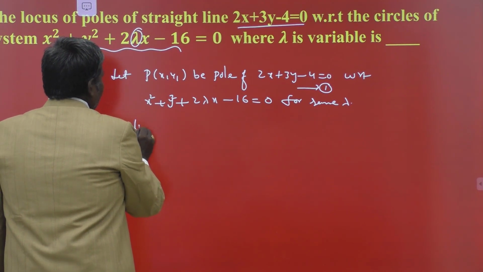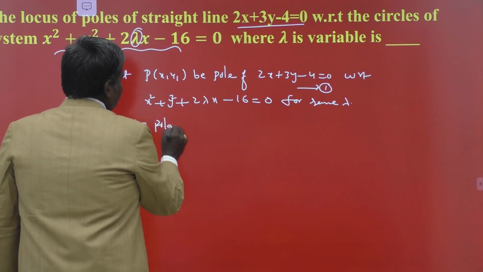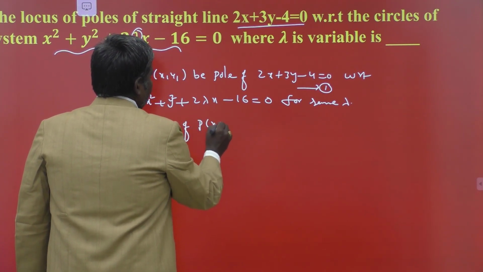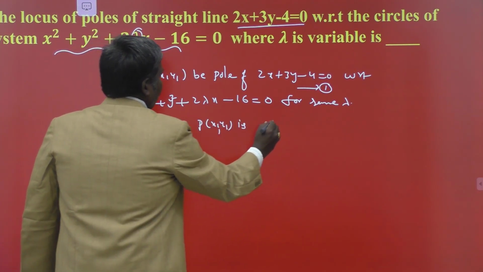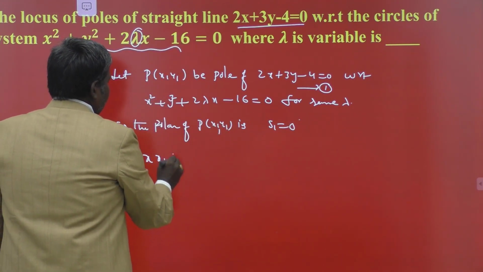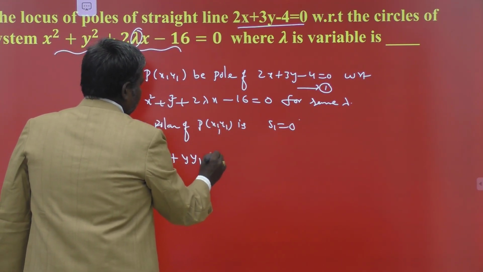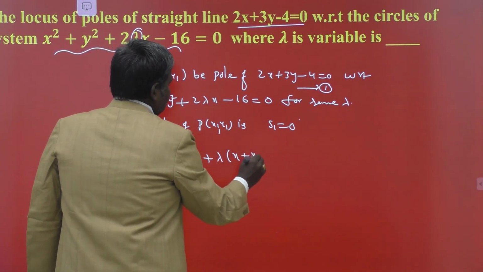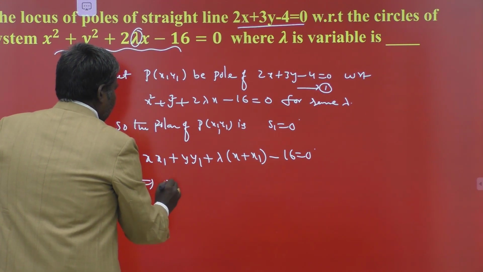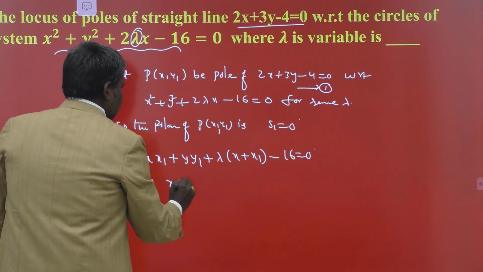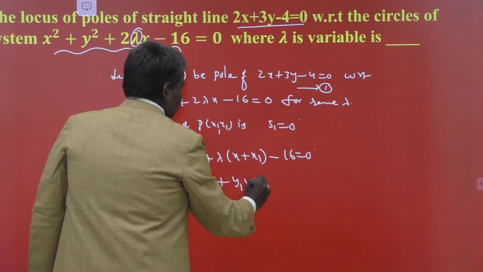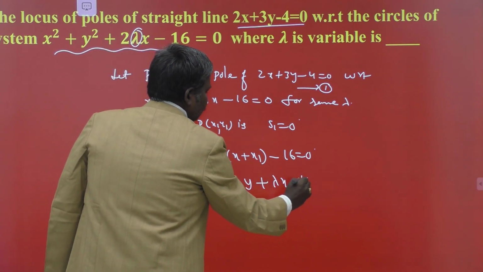So the polar of P(x1, y1) is what? S1 equal to 0. So I am writing S1 equal to 0: x x1 plus y y1 plus lambda into (x plus x1) minus 16 equal to 0. That means (x1 plus lambda) x plus y1 y plus lambda x1 minus 16 equal to 0.